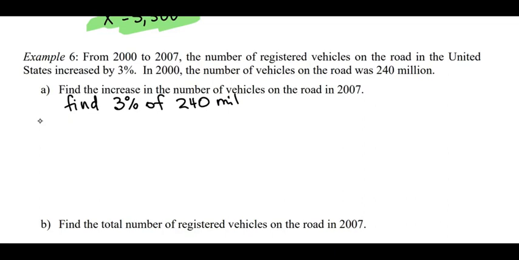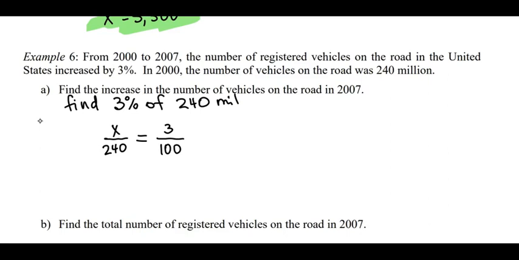Okay, so let's set up our proportion. The number of vehicles on the road was 240. Yeah, that's correct. So I need to find 3% of that 240.